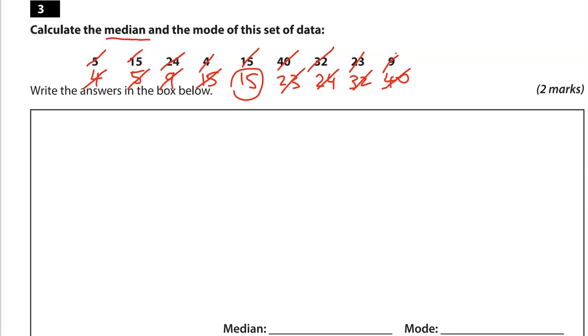So median is 15. Mode. Mode is the most common number, the number that occurs mostly. So do we have any of these numbers that repeat themselves? We did, and that was 15. So 15 was the only number that appeared twice. The rest of them only appeared once. So the mode is also 15.